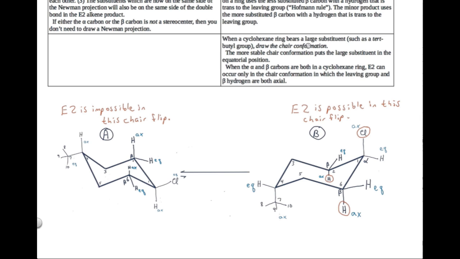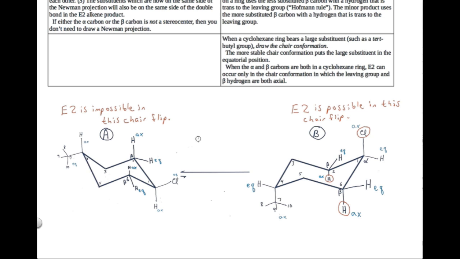So we applied these guidelines in this example that we've been talking about. Notice that here we have a 6-carbon ring, so this is a cyclohexane ring, and it does have a large substituent. It has a tert-butyl group, so we drew the chair conformation. We figured out that the more stable chair conformation was A, because that put the large group in the equatorial position.